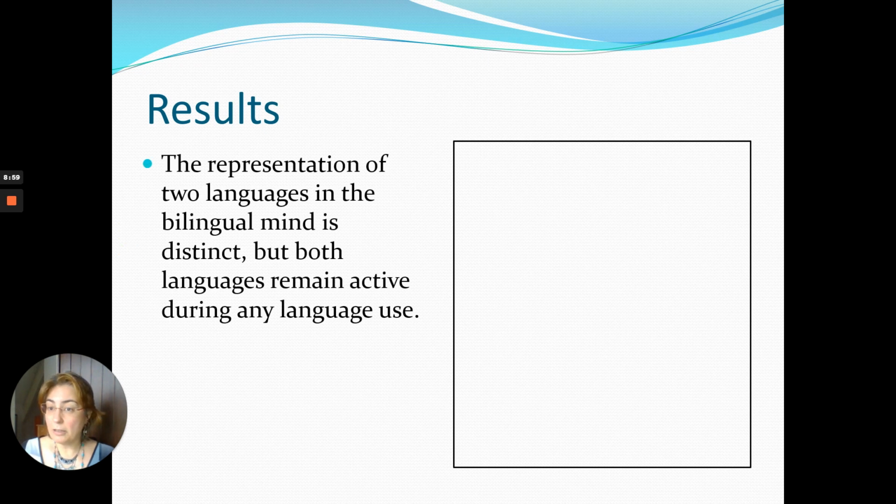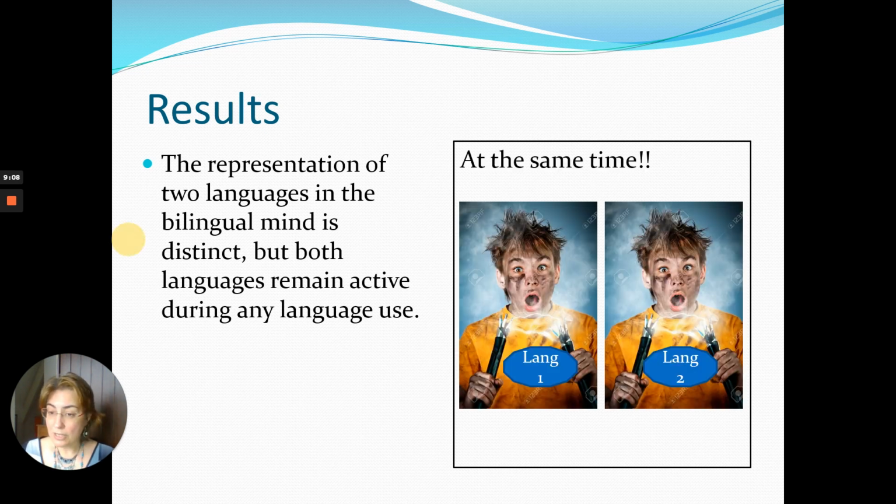Well, this means that the representation of two languages in the bilingual mind is distinct, yeah, but both languages remain active during any language use. So that means that both languages are activated. Otherwise, if they are told, look, forget about your Dutch, so to speak, and concentrate on your English, why are bilinguals also looking at the Dutch version of the word? That's because they can't help it, both languages are activated at the same time.